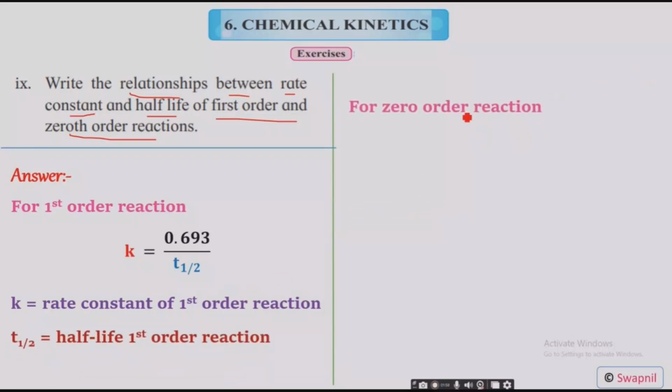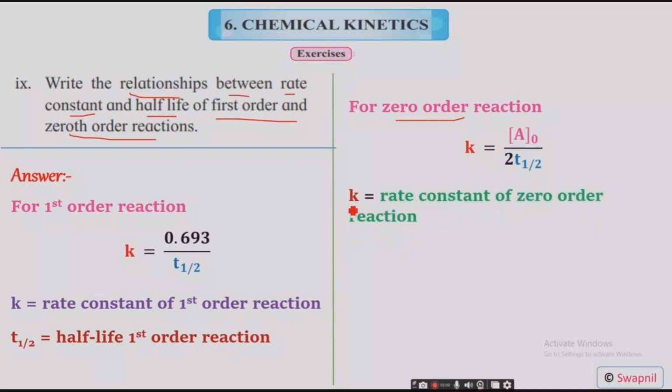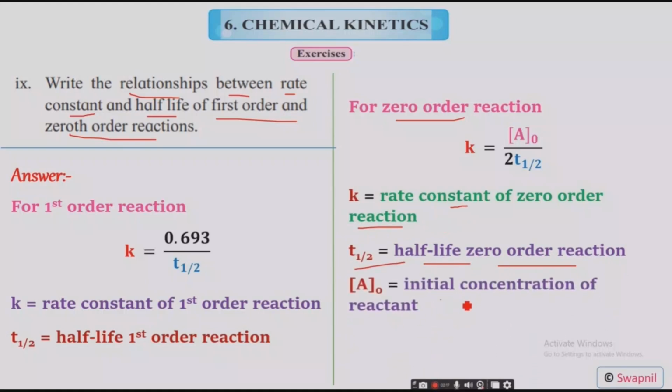And for zero order reaction, the relation is k is equal to concentration of A naught divided by 2 into t half, where k is the rate constant of zero order reaction, t half is the half life of zero order reaction, and A naught is the initial concentration of the reactant. So these are the relations between half life and rate constant for zero order and first order reaction.